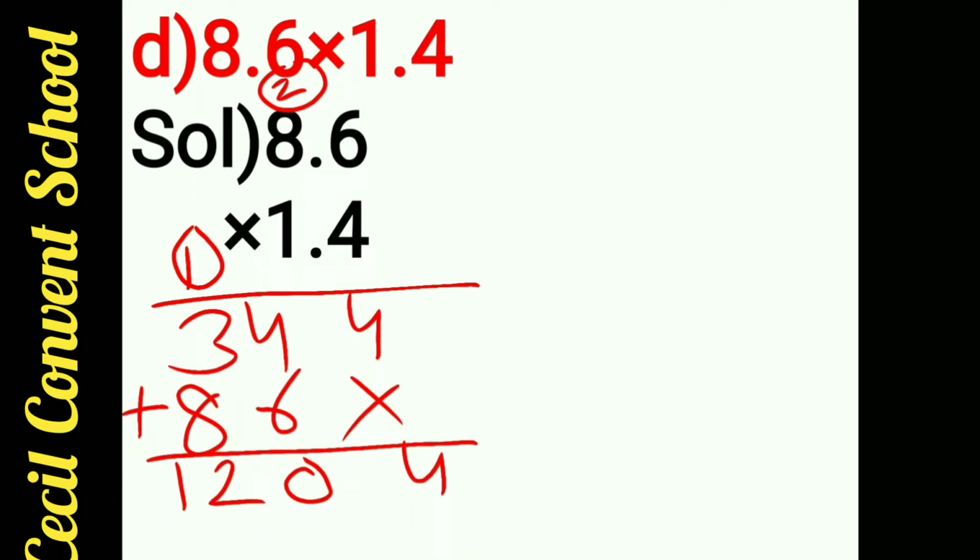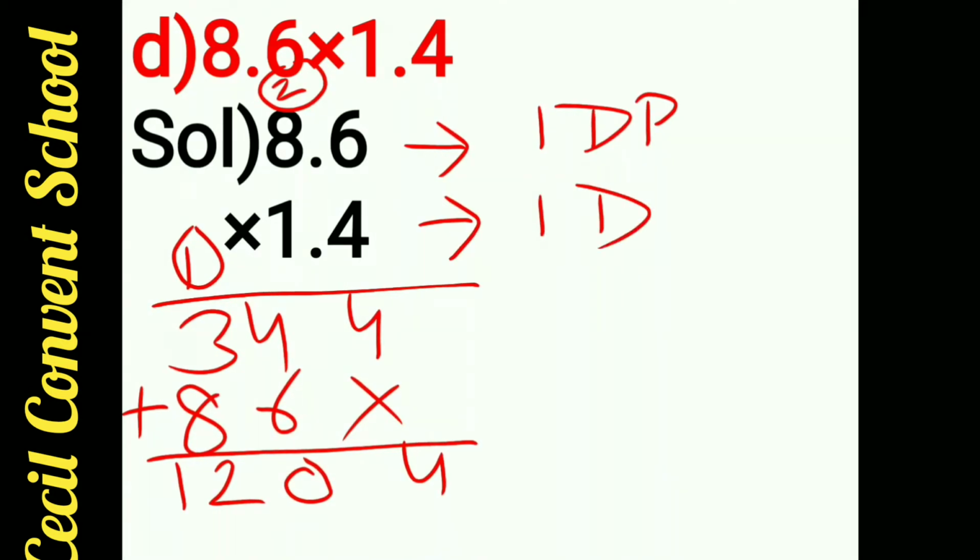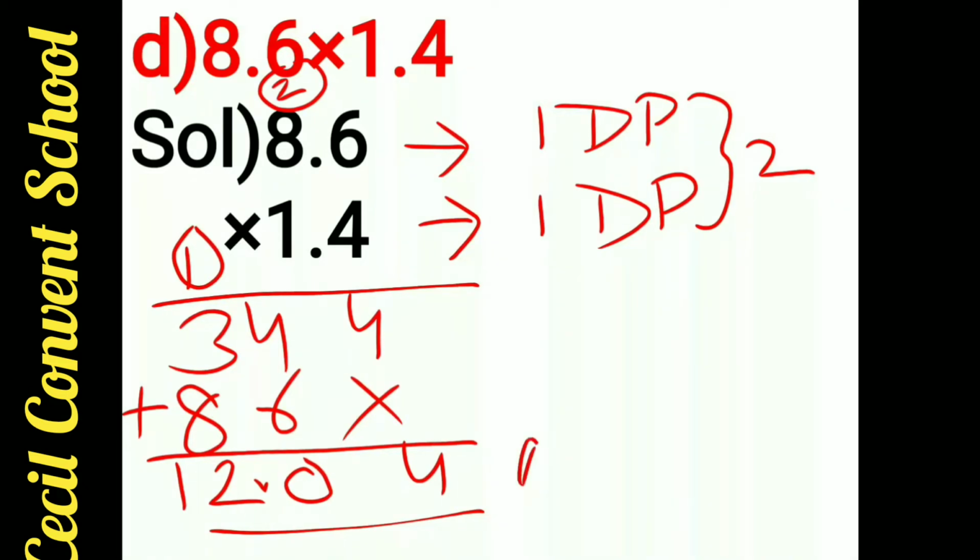Now you have to put a decimal. Here the decimal is after one place, and here also one decimal place. So the total becomes 2. So the decimal will come after two numbers. So the answer is 12.04. Clear, students?